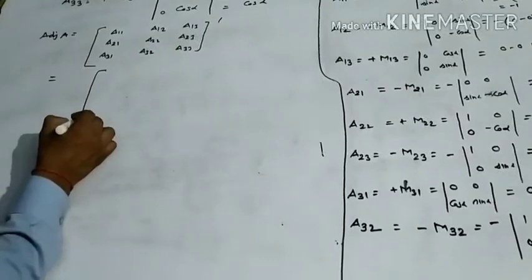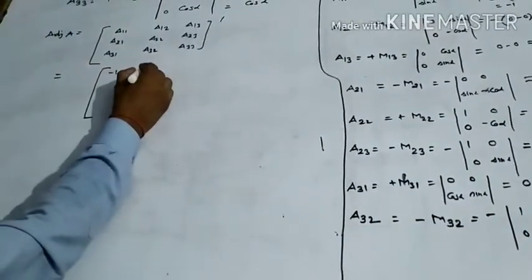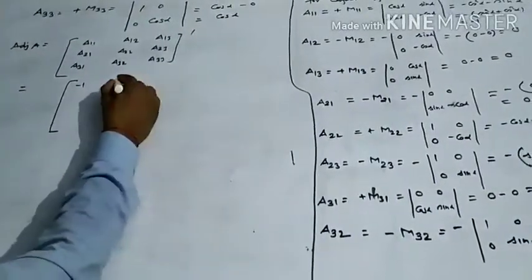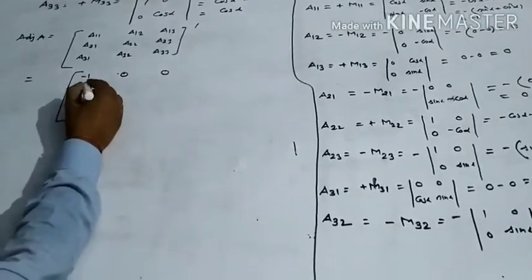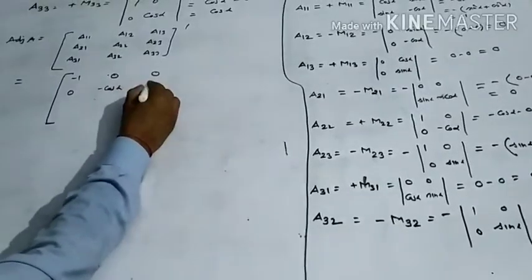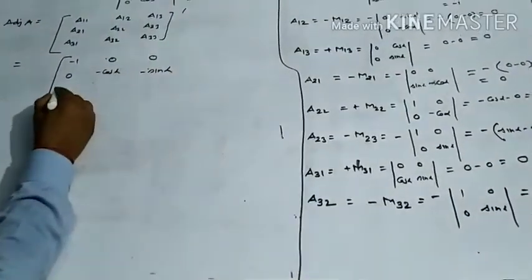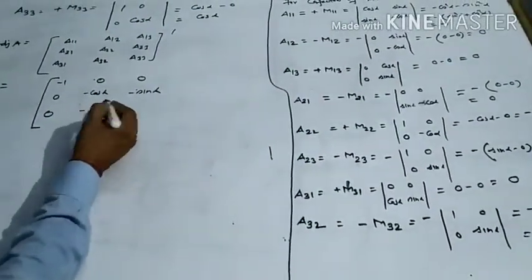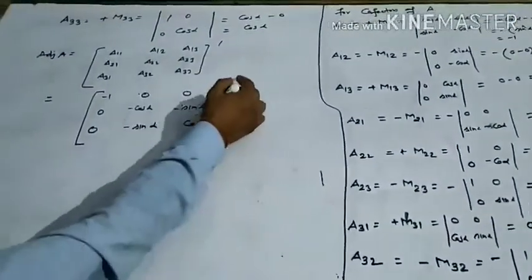Here have to see A11 that we calculated minus 1, then A12 this is the 0, and then after A13 this is 0, A21 this is also 0, A22 this is the minus cos alpha, then A23 this is the minus sin alpha, then A31 this is the 0, A32 this is the minus sin alpha, and then A33 this is the cos alpha, and then transpose.